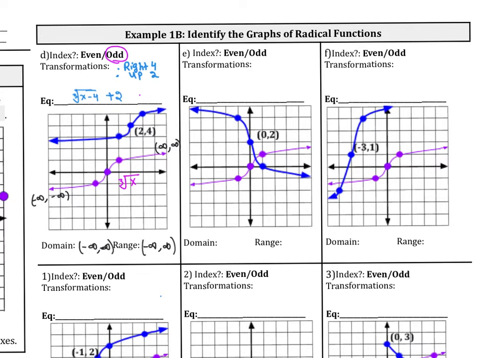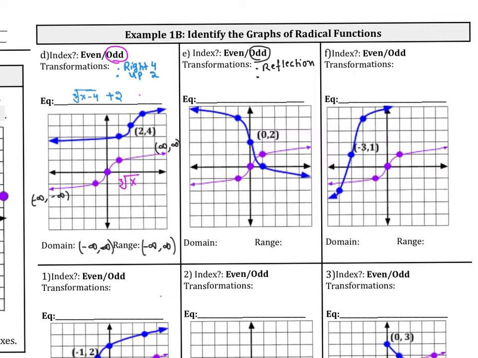For letter E, this is going to be an odd one, and you can see that the direction of this graph should be like this, and if it's the opposite way, then it should be a reflection. So one of the things that we know for sure is that this is a reflection.